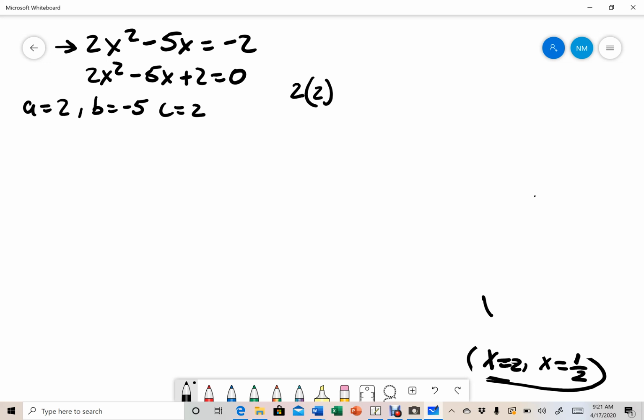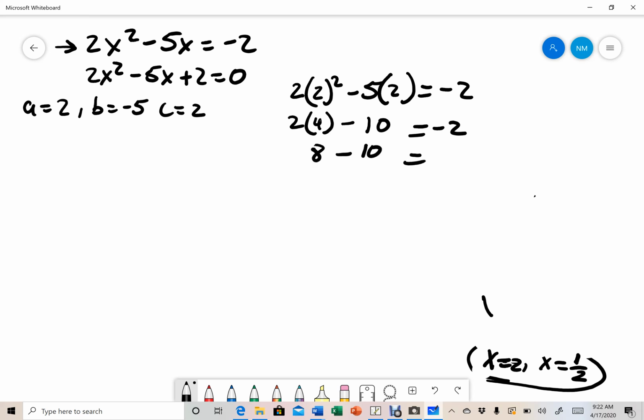So 2 times 2 squared minus 5 times 2 equals negative 2. 2 squared is 4, and 5 times 2 is 10. So 2 times 4 is 8, minus 10 equals negative 2. And 8 minus 10 is negative 2.